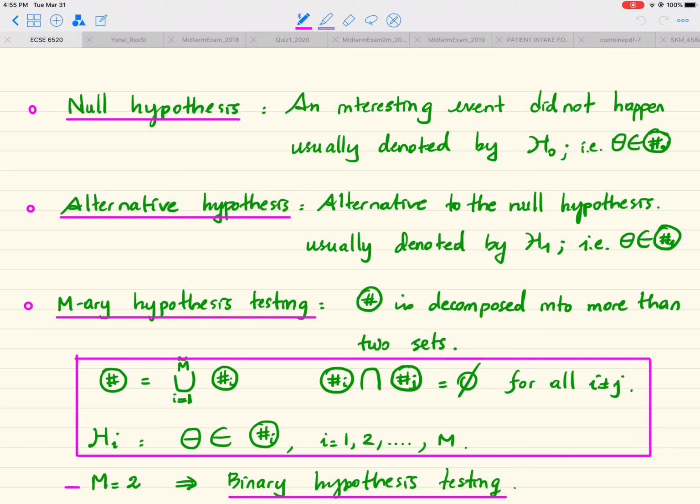So Θ sub i and Θ sub j are mutually disjoint, and the union of these sets forms the parameter space. The ith hypothesis in that case is that theta belongs to Θ sub i. This is also equivalent to saying that the observations we have in hand X come from a PDF f of theta x, where theta belongs to Θ sub i.